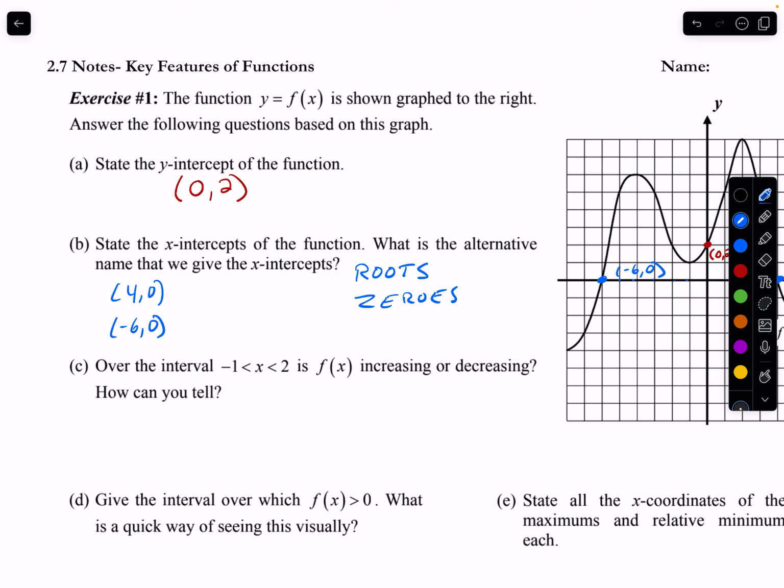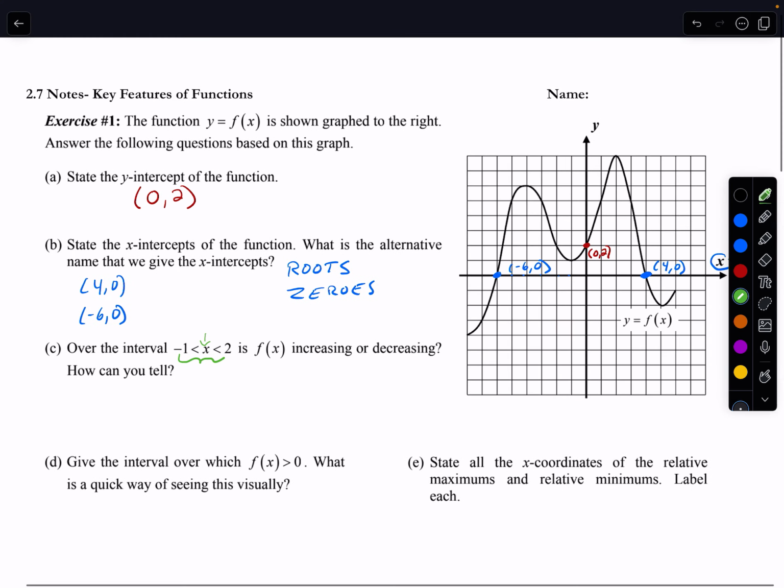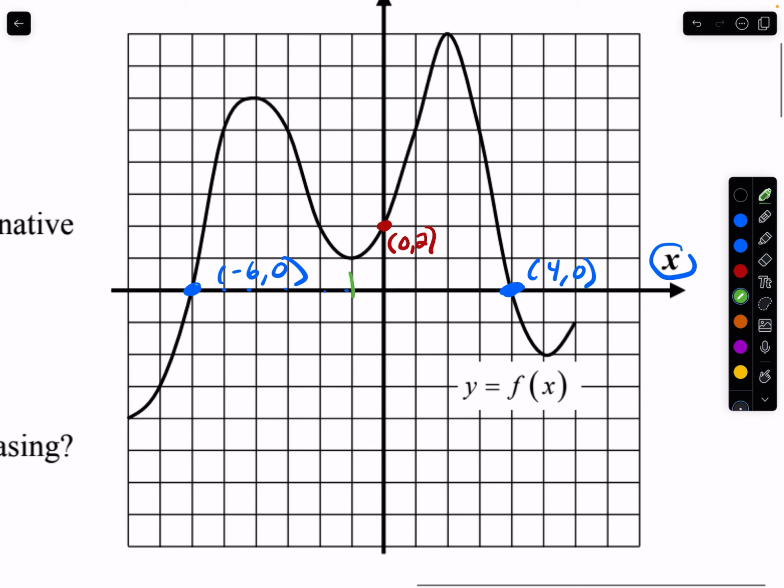Next question. Over the interval negative 1 to 2, is f of x increasing or decreasing? Notice that we're talking about the domain negative 1 to 2, so we're looking at this area. From negative 1 to positive 2, is the graph increasing or decreasing? The way we like to think about that is if we're traveling left to right, we can see that the graph is increasing.